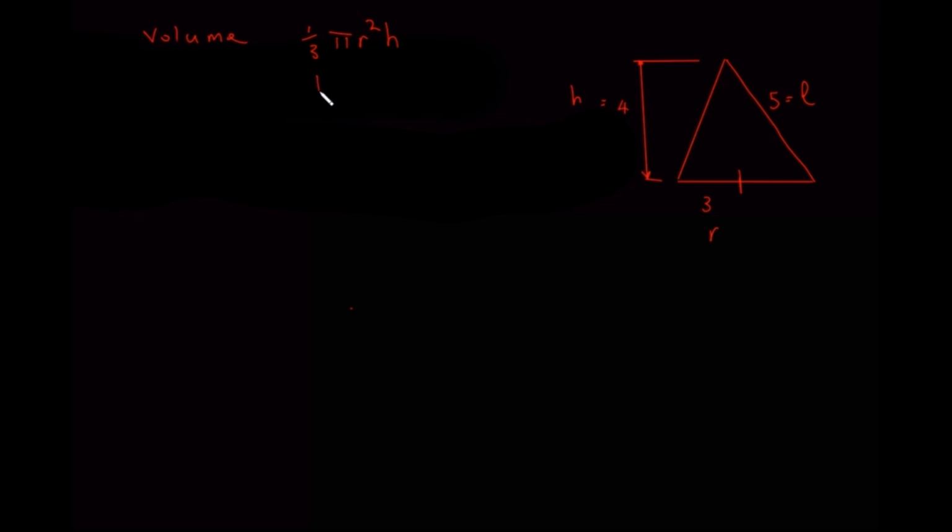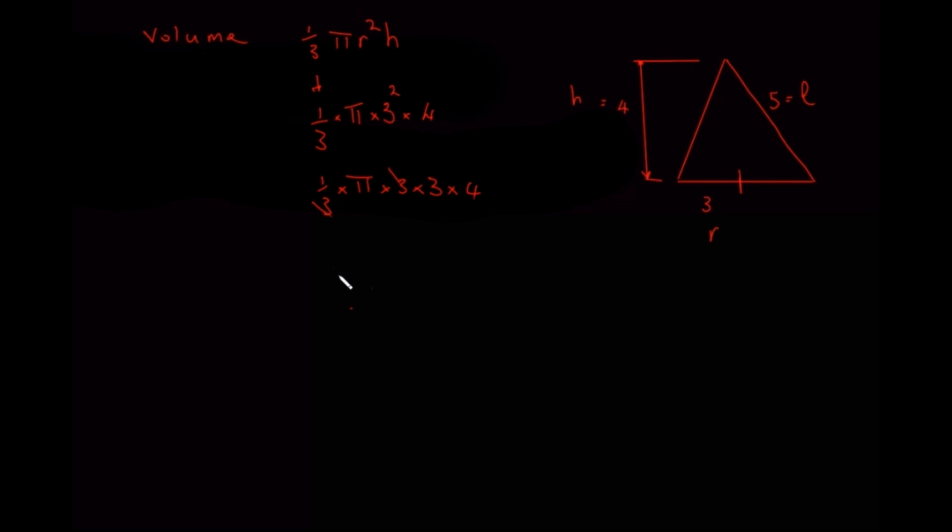We have 1/3 is 1/3, that doesn't change, times pi, well that is pi, times r is 3, so we have 3 squared, we've got to square it, multiply that by the vertical height there, which is 4. So we end up with 1/3 times pi times 3 times 3 times 4.